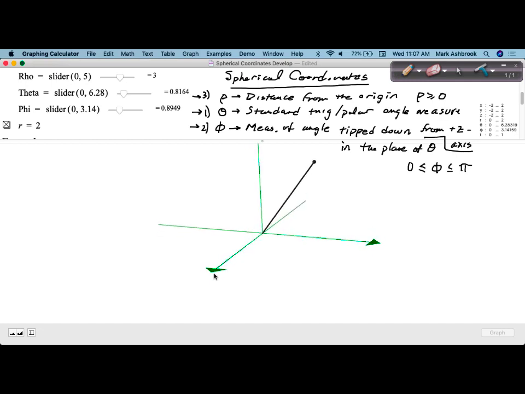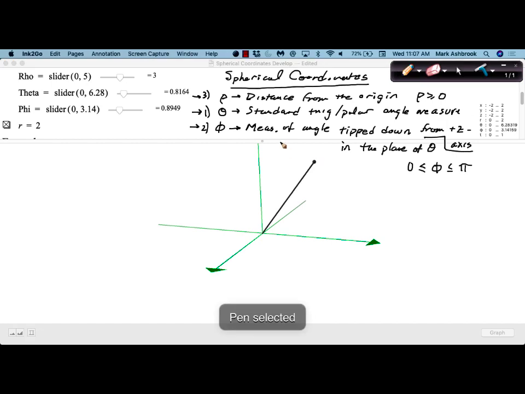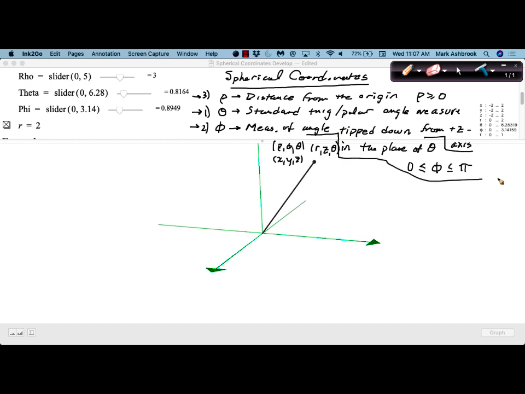Okay, that's good. And so we've got this point, which can be expressed as rho, phi, theta or x, y, z or r, z, theta. All three coordinate systems can express that point.